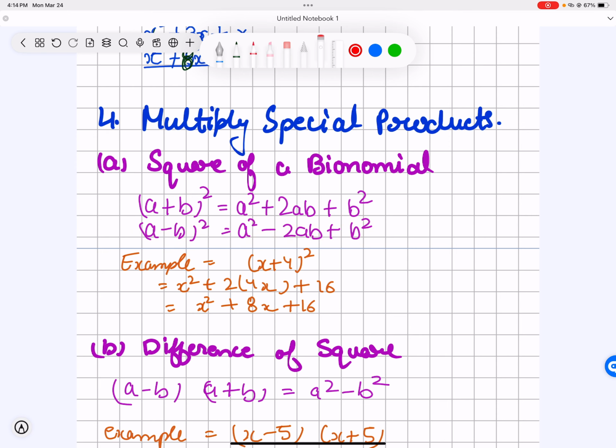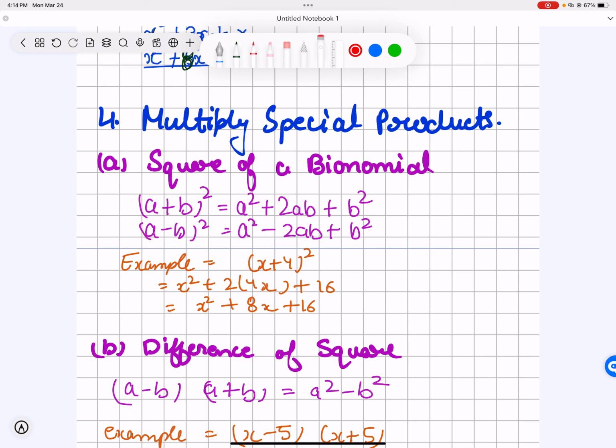If I try to do an example with this, I have an equation here: (x plus 4) squared. First I will use this formula, (a plus b) squared.